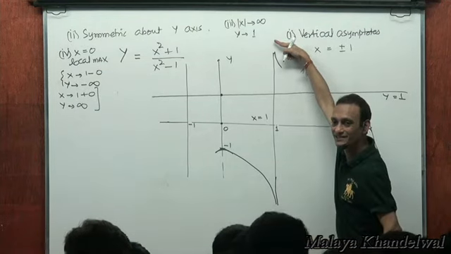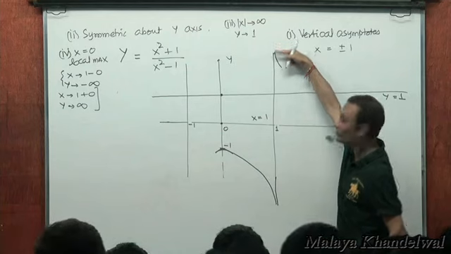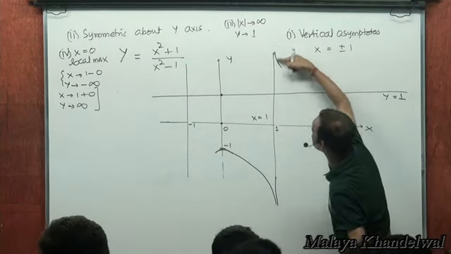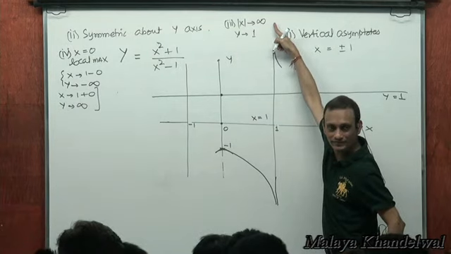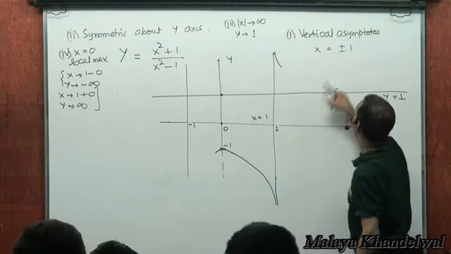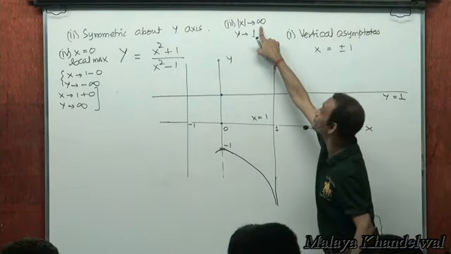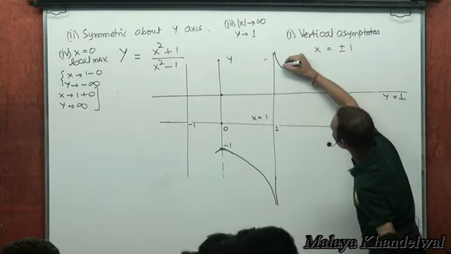So, draw this, right? As x tends to 1 from the greater than 1 side, it will start to merge with the asymptote. And as x tends to infinity, as we have seen, y tends to 1.